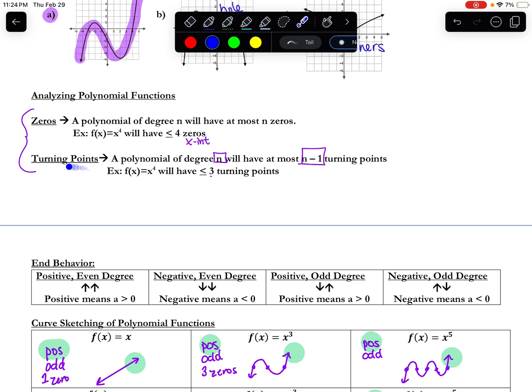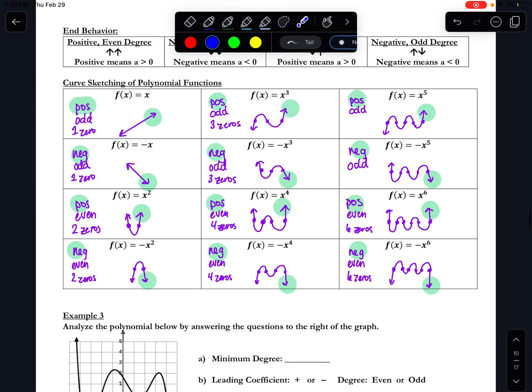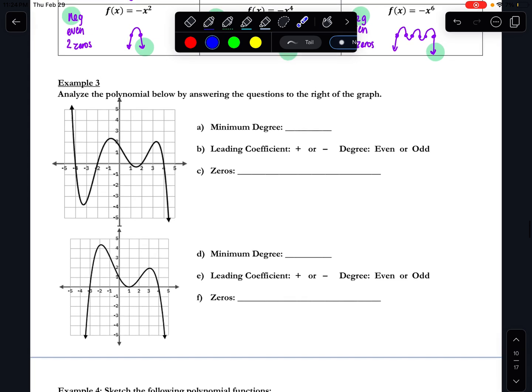One thing we haven't talked about that will come up today are turning points. If you're graphing a polynomial, whatever the degree of the polynomial is, it will have one less than that number of turning points. So a polynomial of x to the fourth will have 3 or fewer turning points. So it will all make sense when we look at these examples.